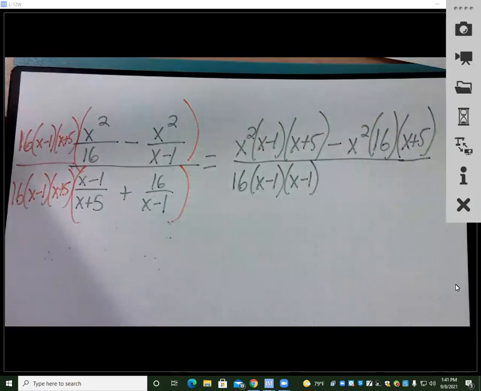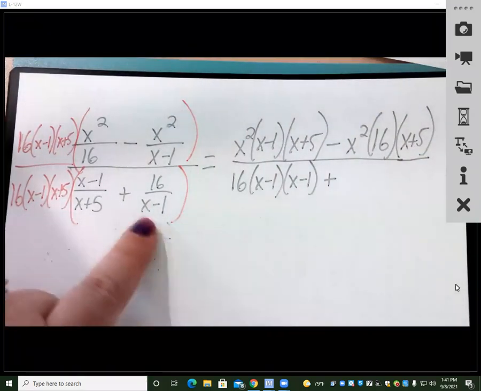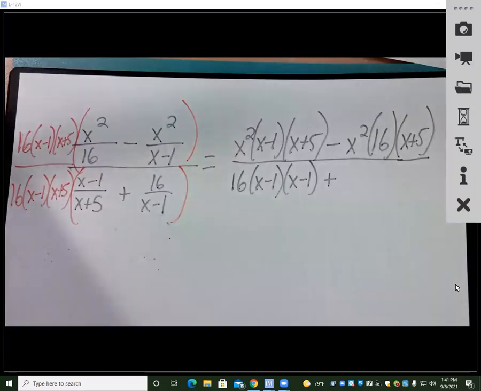Now you try this last bit if you haven't yet already. What am I going to get when I multiply this big old mess times that? What happens? You got something?